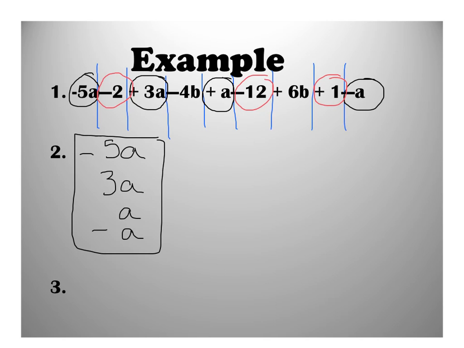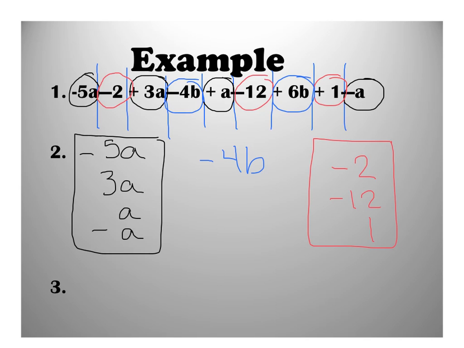So I'm going to put negative 2, negative 12, and positive 1. Now we still have some terms left, so let's see if they're like terms. We have a negative 4b and a positive 6b. So we'd say negative 4b and then positive 6b.